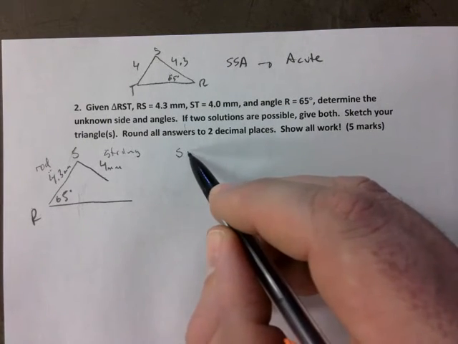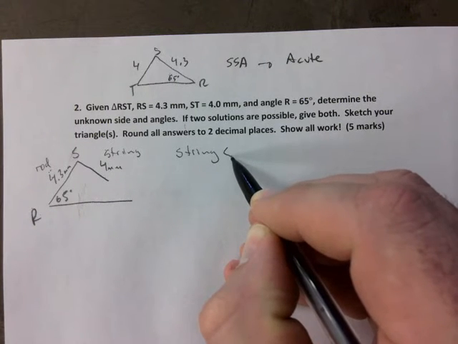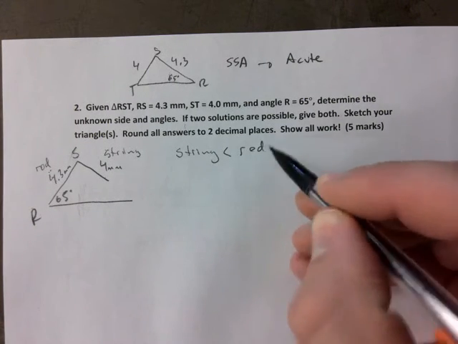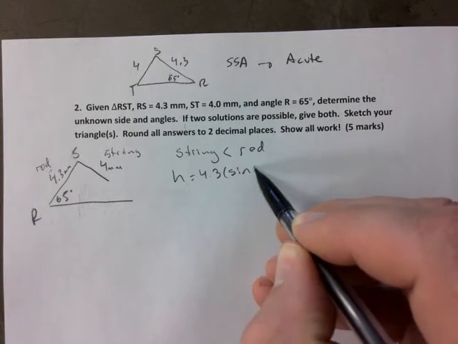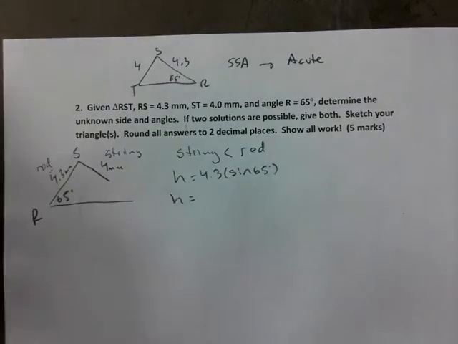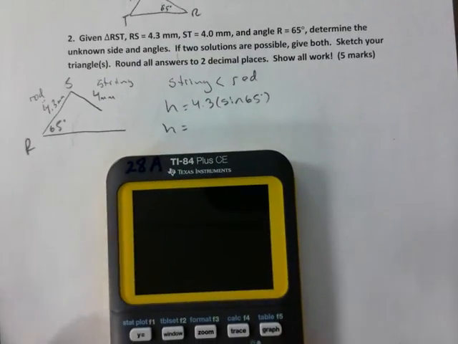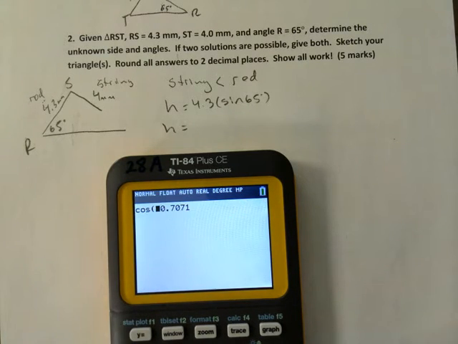Yikes, right? But I know that the string is shorter than the rod. I need to find the height, which is 4.3 times sine of 65. So this really, you had to really know what you were doing, right? Because everything was kind of meant to confuse you, right?